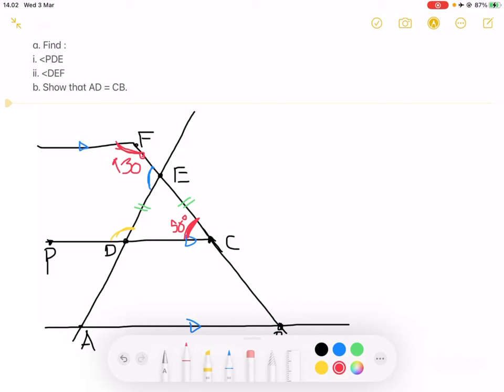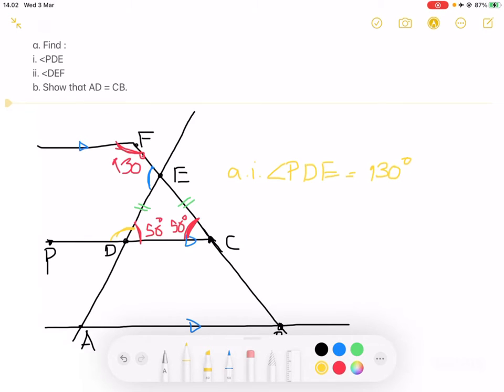And since DEC is an isosceles triangle, since DE is equal to EC, this bit right here is equal to 50 degrees. Therefore we can find angle PDE quite easily. So I'm just going to write the answer for part A, the first part. PDE is 130 degrees.